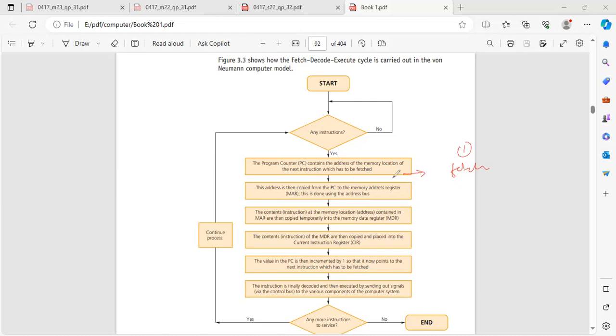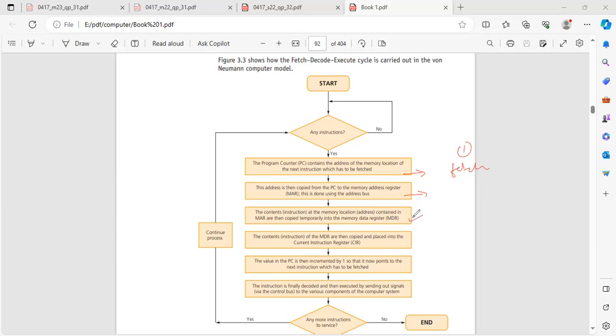Now remember, then what happened? The address is then copied from the program counter to the memory address register, MAR. This is done using the address bus. So the address bus will carry the address of data which has to be processed. The third step: the contents of the instruction at the memory location address contained in MAR are then copied temporarily into the memory data register, MDR.